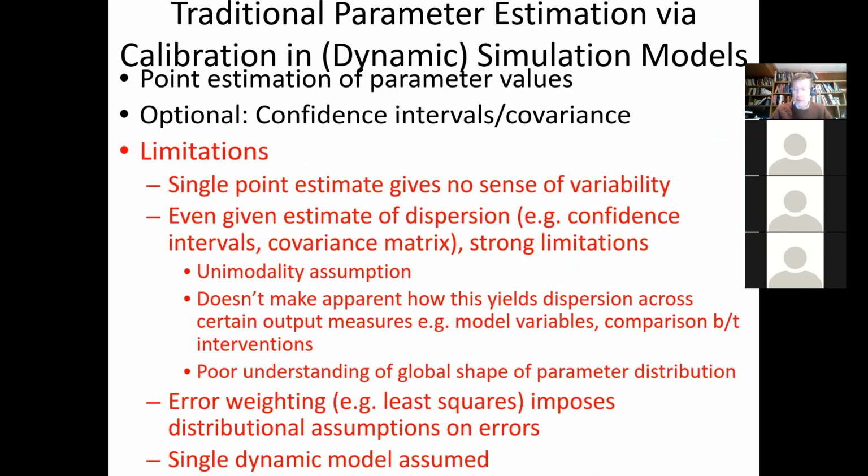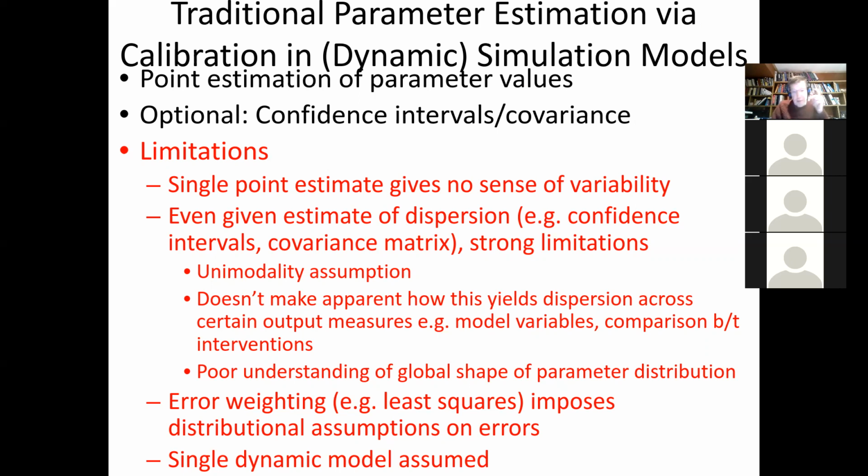Often we're interested in bounding the model, projecting forward the results of the model, what we see from the model, and doing so with a point estimate is challenging. Even if we have confidence intervals around that point estimate, those do not translate into confidence intervals around the bounded projection of the model.